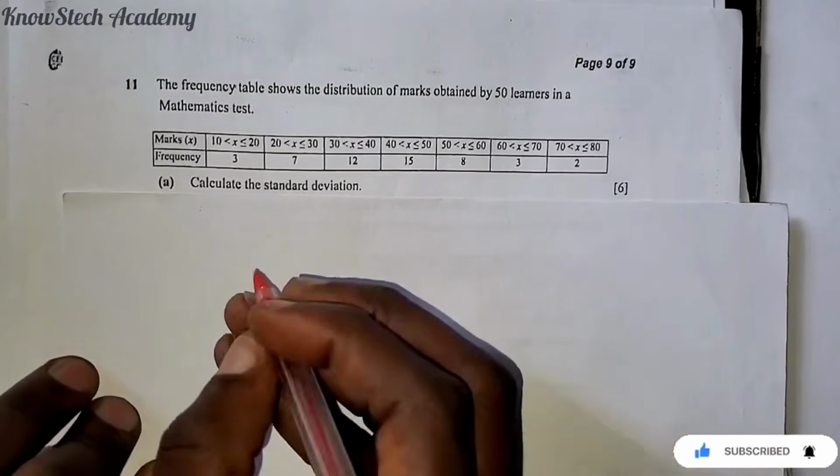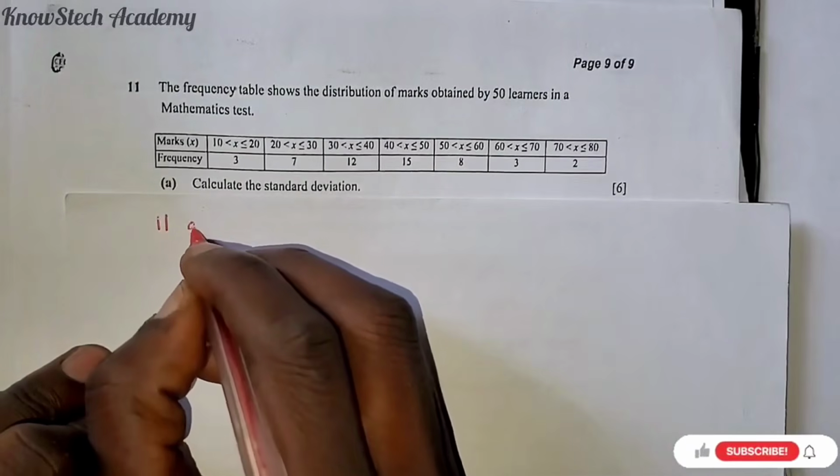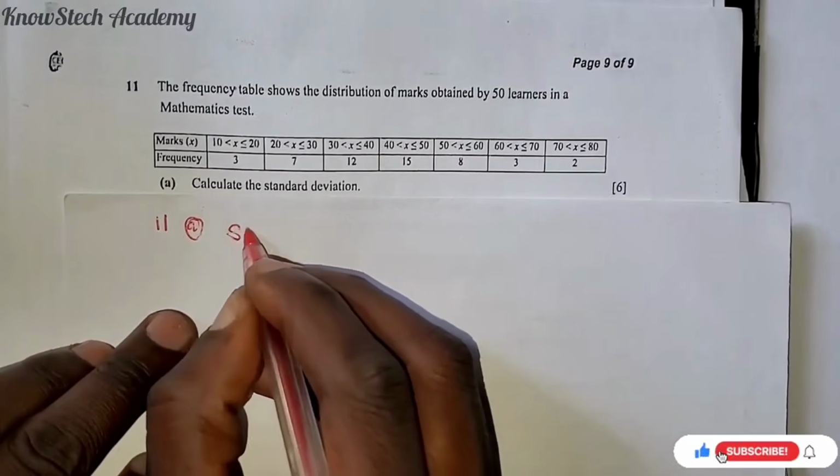Since we are going to use the formula method, let's begin. This is 11A.